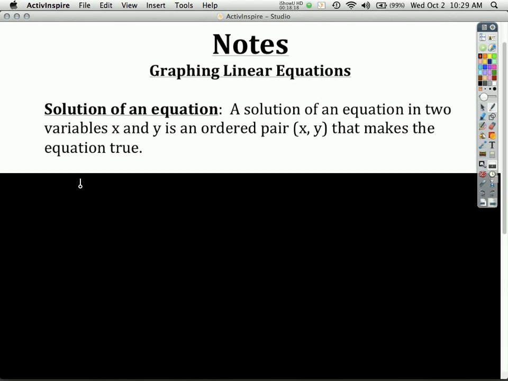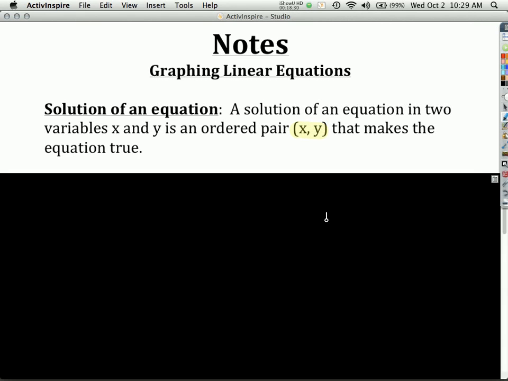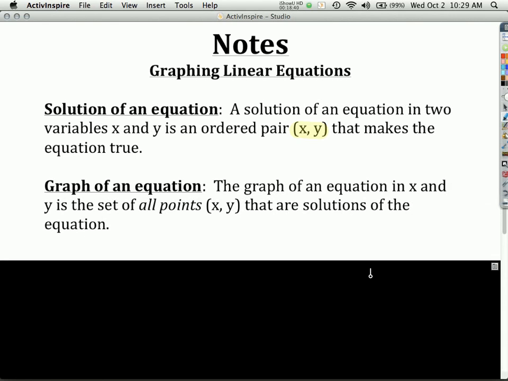They're still linear, but they have 2 variables, x and y. So a solution looks different. A solution is now an ordered pair. That's what a solution to an equation is. It's an ordered pair that makes the equation true. A graph is really all the solutions. That's what a graph is.